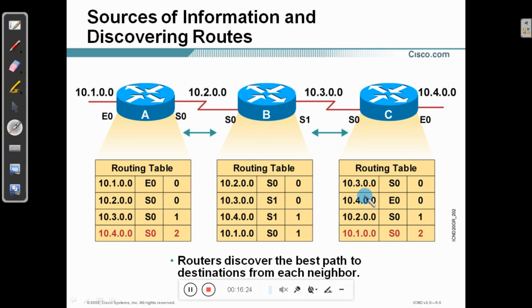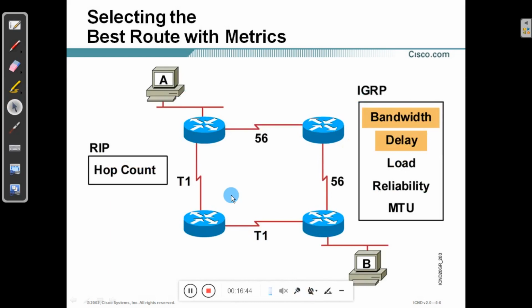Now, because of some communication problem, there will be inconsistency in the routing table. We can see that here. But before proceeding to the inconsistency in the routing table, let's discuss the metric.